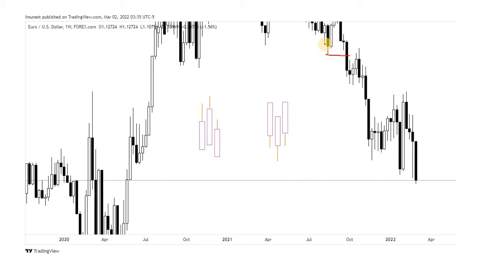After the break of a swing low, what we need to look for is a swing high. As you can see, we have this swing high here defined by candle 1, 2 and 3, and once we have a bearish candle trading below the third candle, then we can expect that this is going to be a bearish candle. This is one way we can actually find direction in the market.